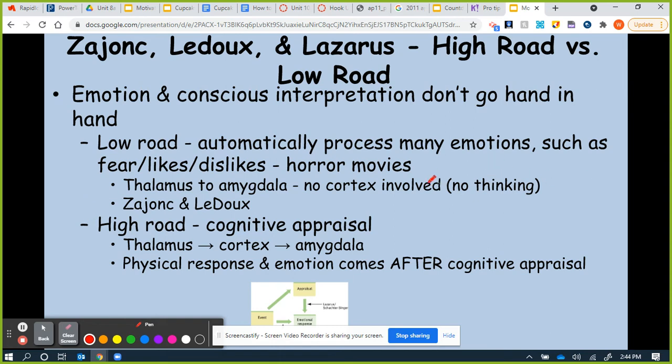The low road of emotion is this idea that some emotions just happen automatically, and there is no cortex involved. It is literally just the thalamus sending the signal straight to the amygdala.